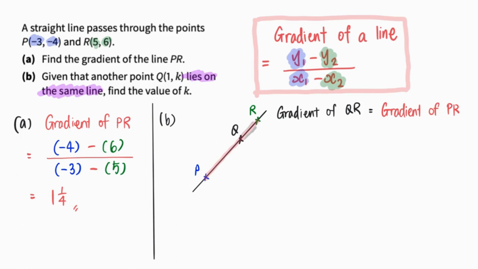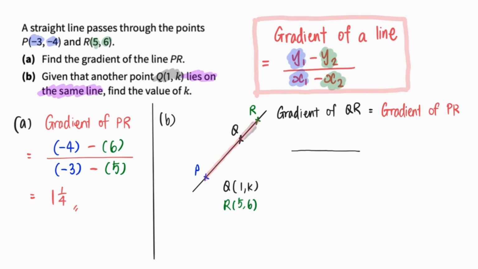And this is a very important clue, because if I were to do this again using these new coordinates, where my Q is here, then all I have to do is to apply Q, which is 1, K, and my R, which is 5, 6, easily onto the formula.